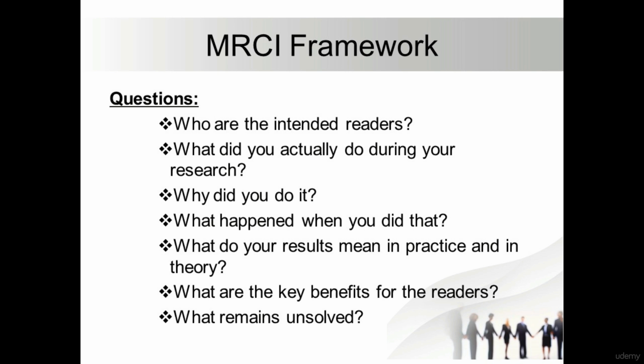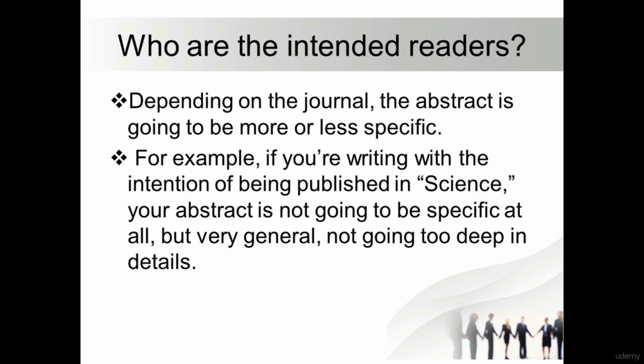And of those, a good starting question is the first one. Knowing the intended readers is important. Depending on the journal, the abstract is going to be more or less specific. For example, if you're writing with the intention of being published in Science, your abstract is not going to be specific at all, but very general, not going deep into details.